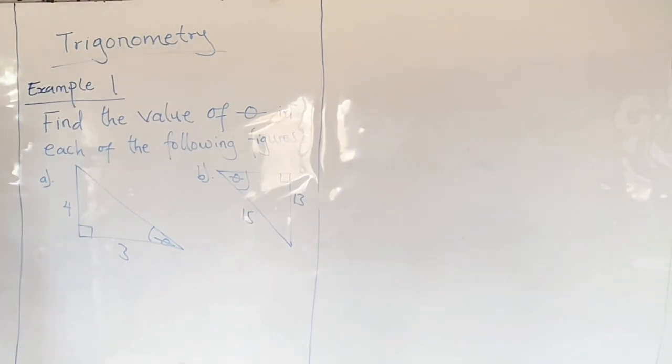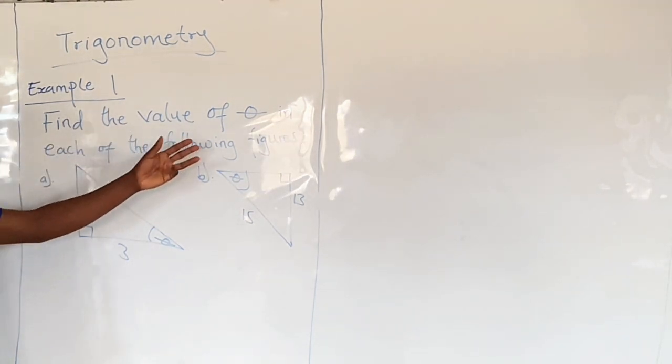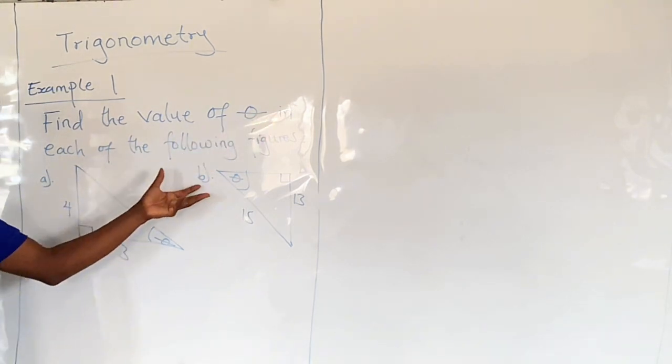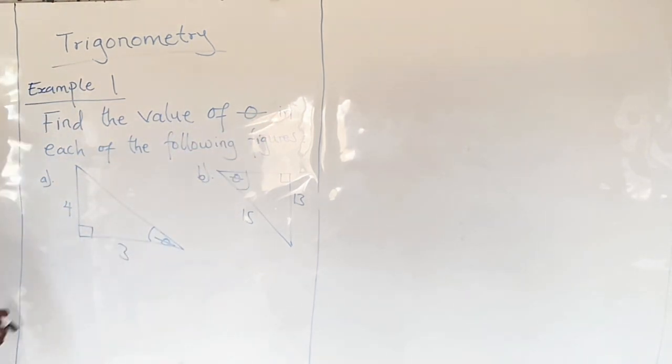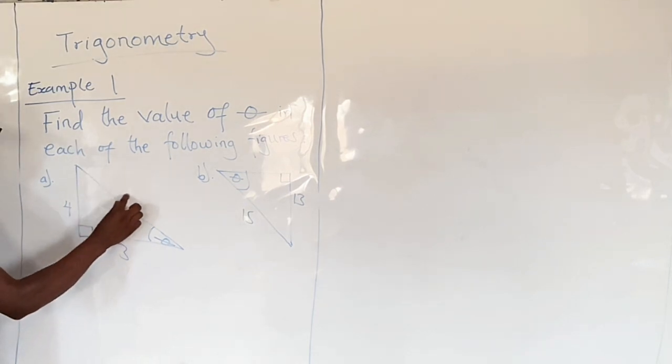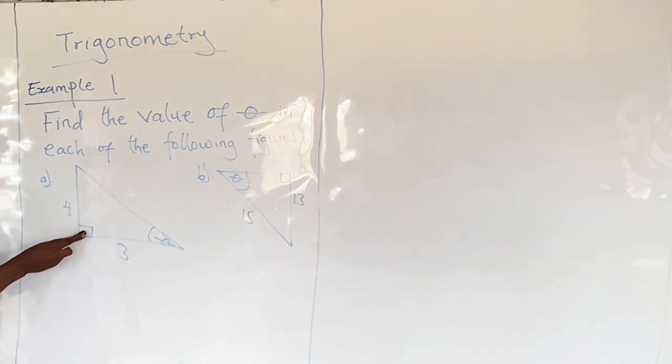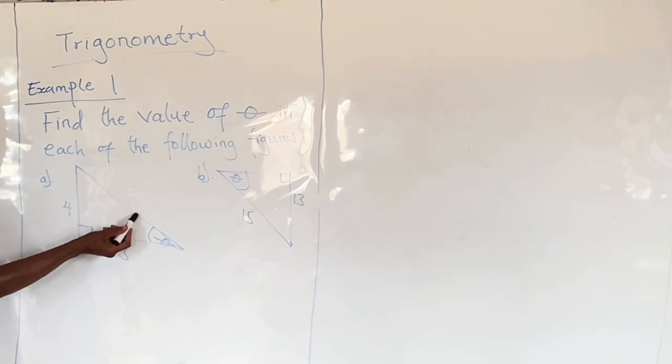Thank you. Example 1. We are to find the value of theta in each of the following figures. We have our figure 1 and 2 here. We are supposed to find the value of theta in the right bottom corner here. To find theta, we need to choose the appropriate trigonometric ratio. Remember that the longest side, or the side directly opposite to the right angle, is the hypotenuse.